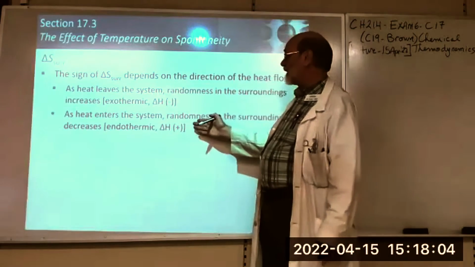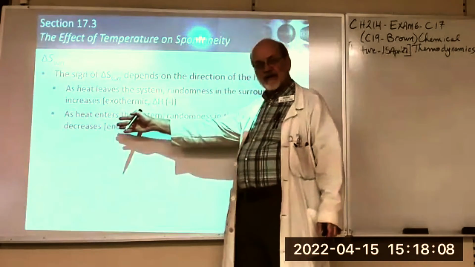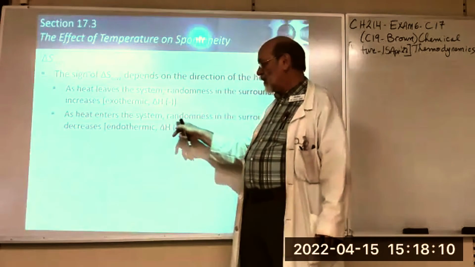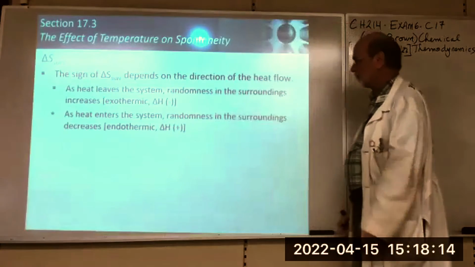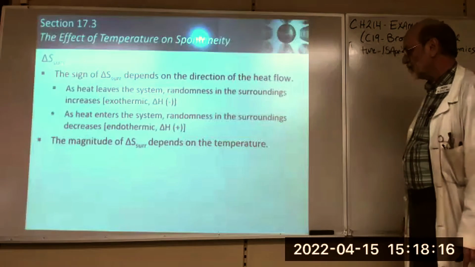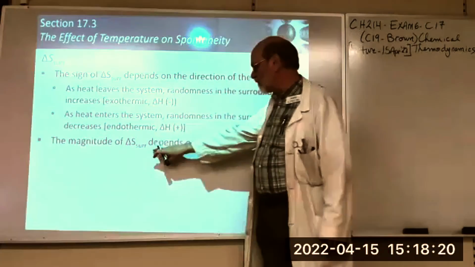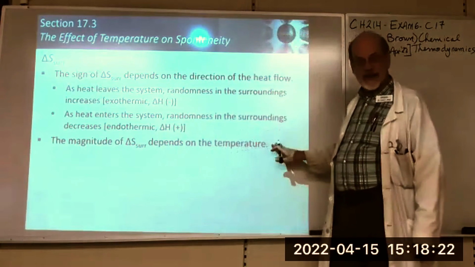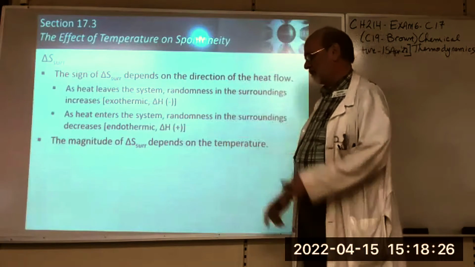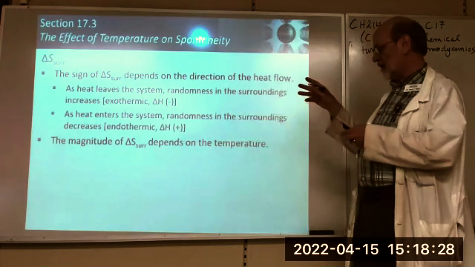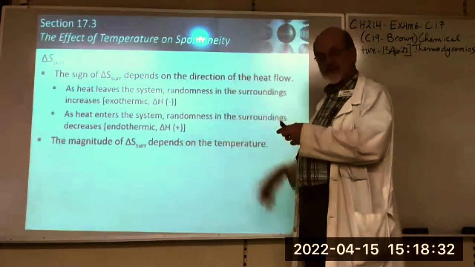If heat is entering the system, randomness in the surroundings is decreasing. That's an endothermic process, which has a positive delta H. The magnitude of delta S of the surroundings depends on the temperature. What is the temperature? That is the temperature active at the time of this transfer.